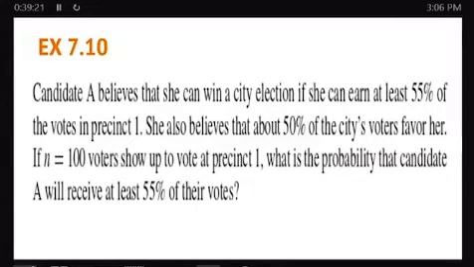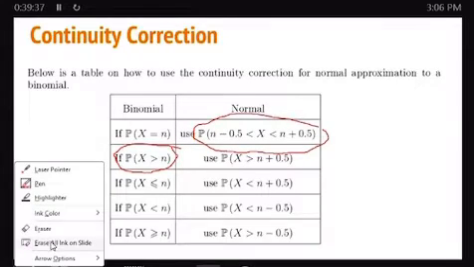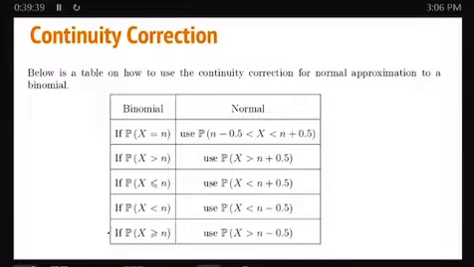If n equal to 100 voters show up to vote at precinct 1, what is the probability that the candidate will receive at least 55%? At least 55, if you come back to this here, you're actually going to come here. Greater or equal. Don't forget.